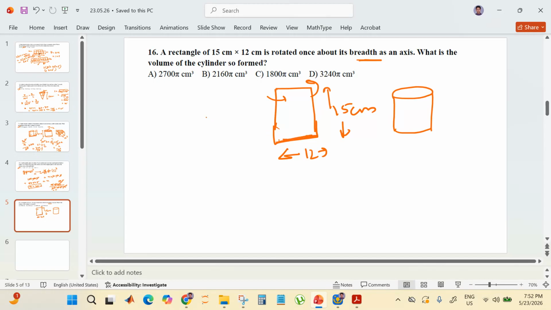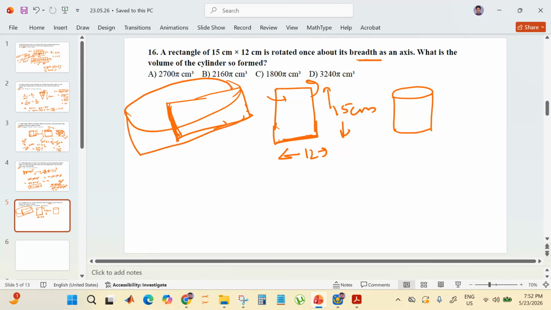If we have a rectangle like this, it is 12. So it is a rectangle. Okay. So irrespective of its breadth, if it is rotated, it will look like this one. So it forms a cylinder.